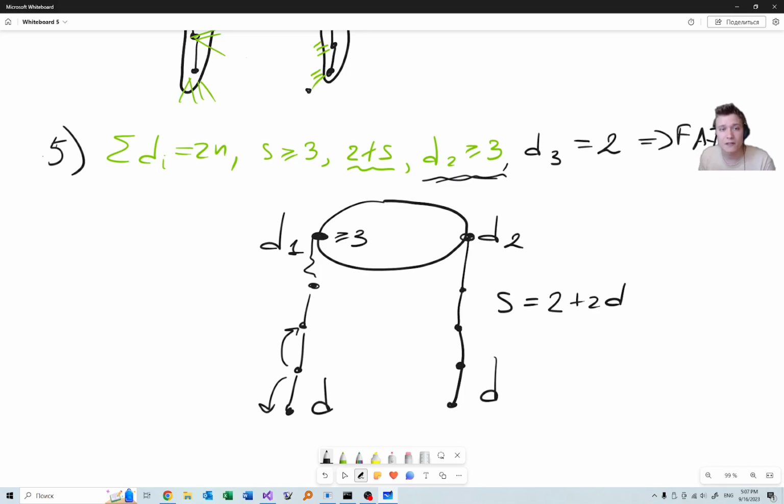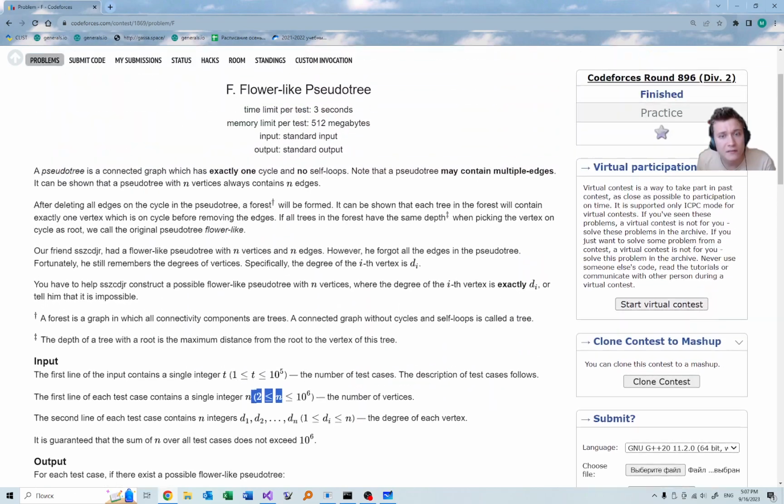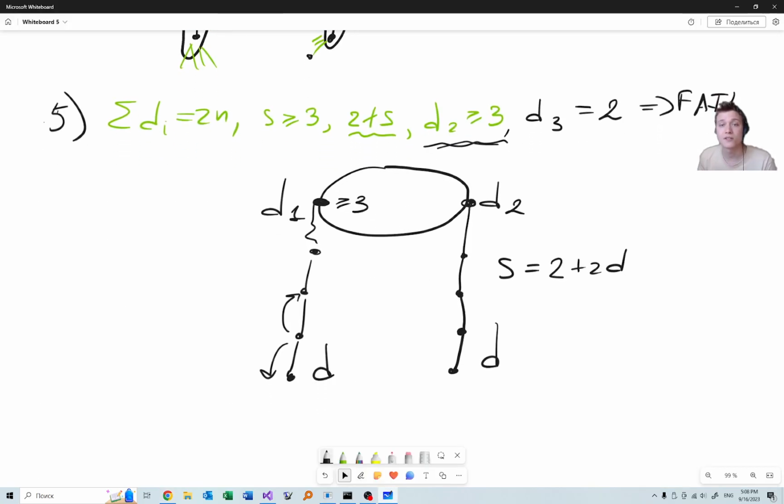But here we have the condition that s is odd, so this is impossible. So actually, in this case, we fail because there is no way to make these two trees of same depth. Is it called depth here? Ah, yes, it's called depth, so everything's fine. So in this case, we get a failure.